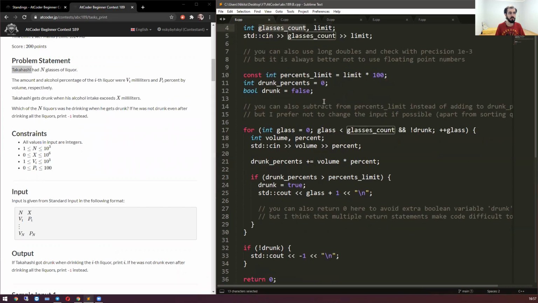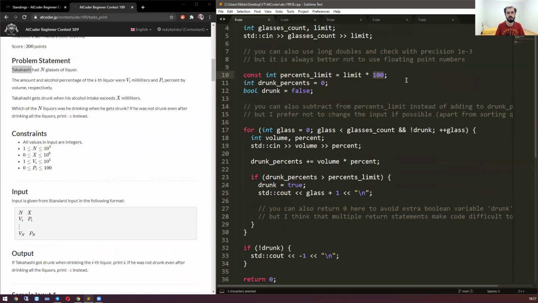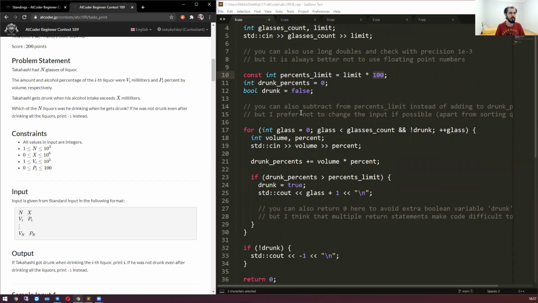The main issue with that problem was that you wanted to multiply the limit and measure in percent-milliliters instead of actual milliliters, because otherwise you could end up with precision issues. I've seen a lot of people getting wrong answers on this problem because of precision issues. Here you would have to compare with something like the absolute value of the difference being at most 10 to the minus third, something like that.